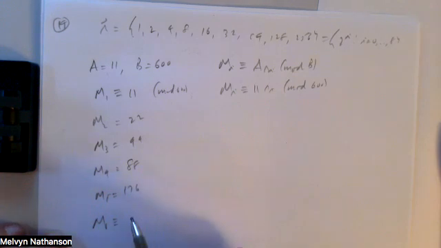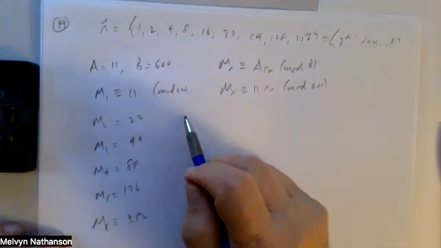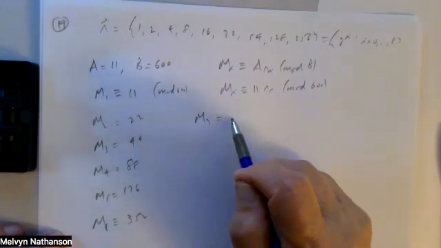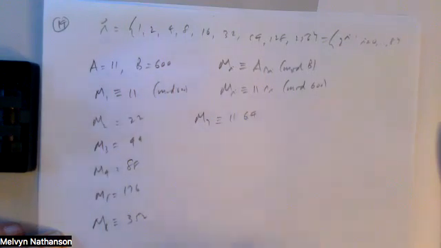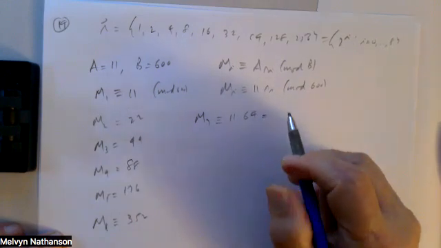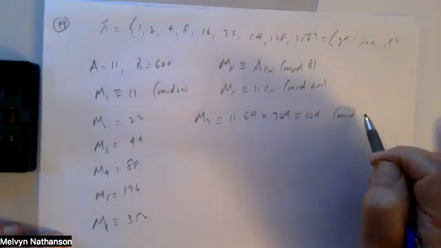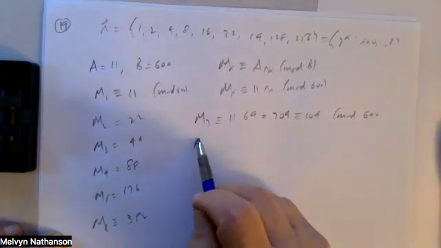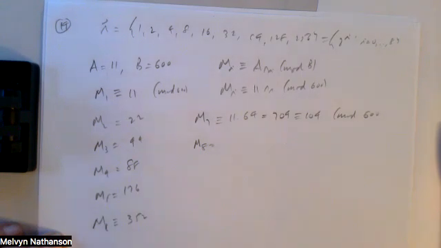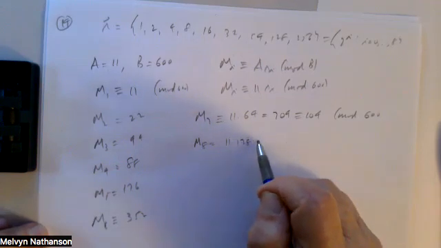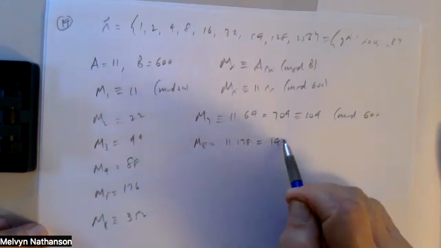M6 is 11 times 32, which is 352. M7 is 11 times 64, which is 704, which is congruent to 104 mod 600. M8 is 11 times 128, which is 1408.